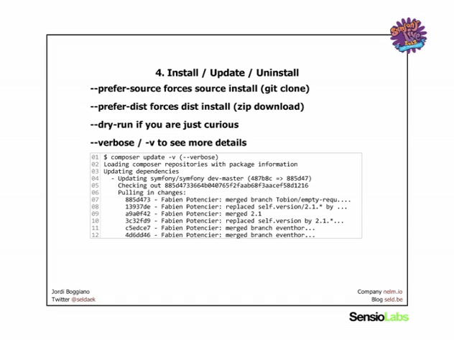So yeah. Now, since yesterday, there is prefer dist, which is the opposite. Because by default, dev packages are always installed from source, like with a git clone. The reason for that is that updates on the dev versions are more frequent than actual tags, so updates are way faster this way.